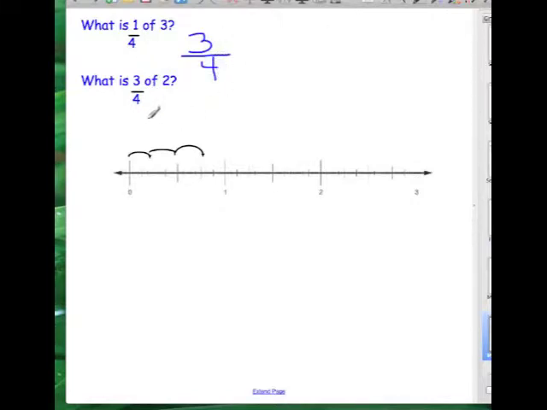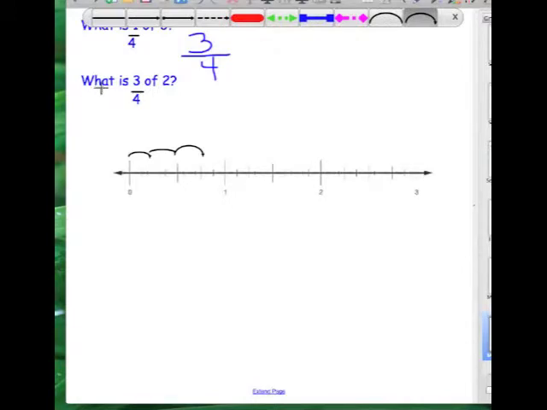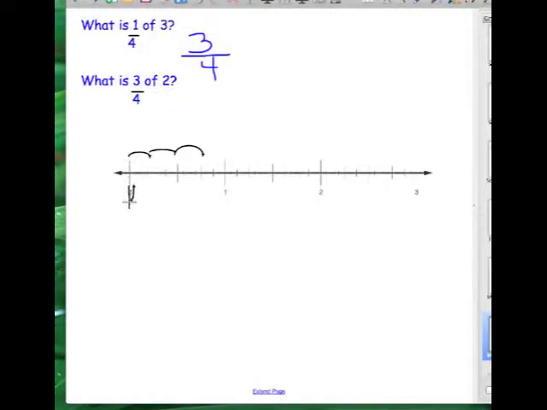We will also do this one together. So what is 3/4 of 2? So I know that I'm going to have to measure 3/4 2 times. So I'm going to take a hop of 3/4 measurement long twice. So I'm going to come here, and I know that this is where my 3/4 part is.